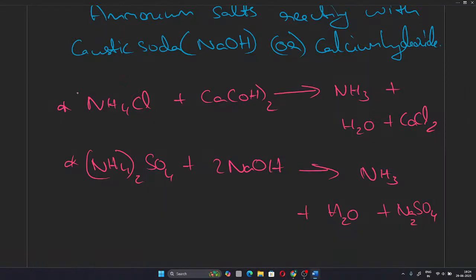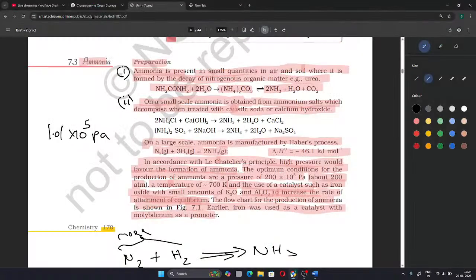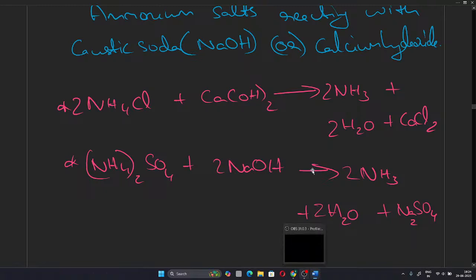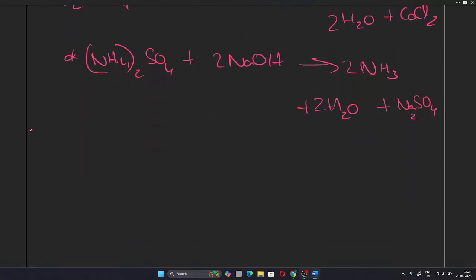Here it is 2, 2 and 2. Now these are the small scale preparations.